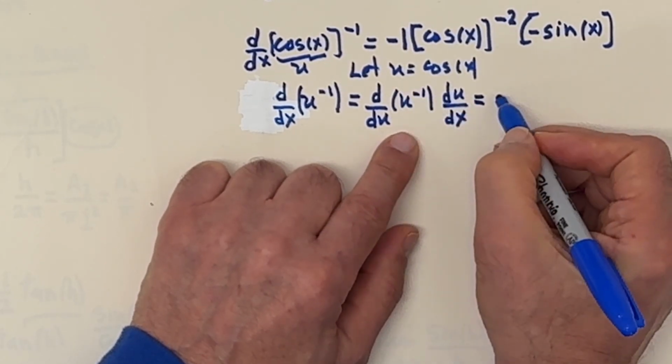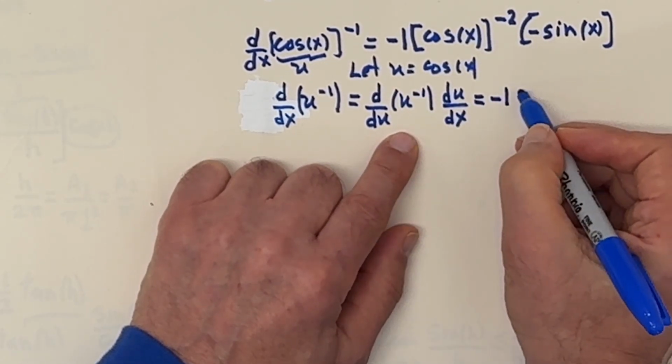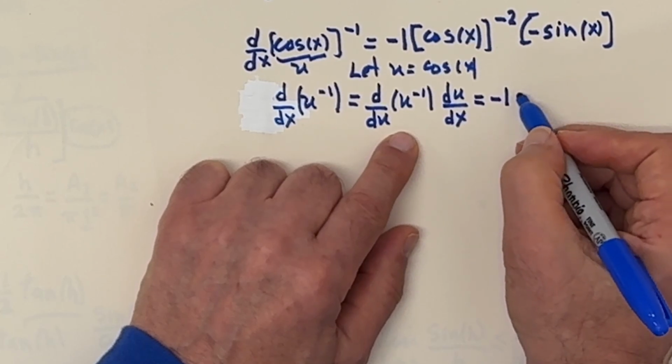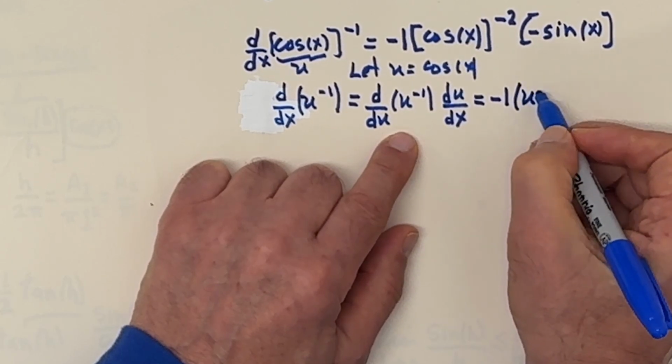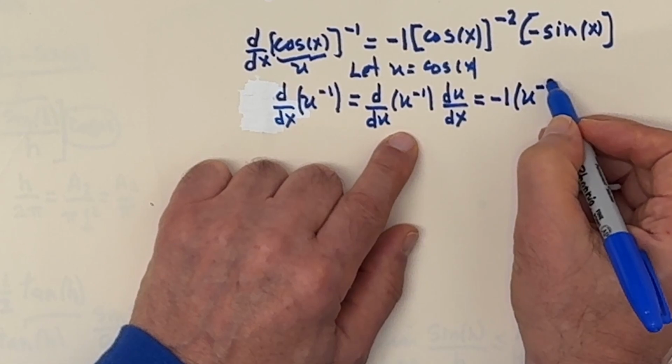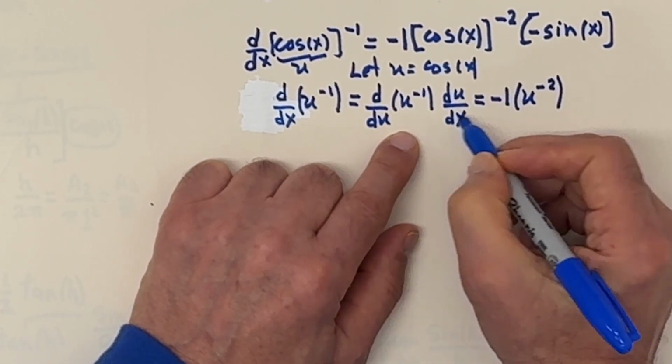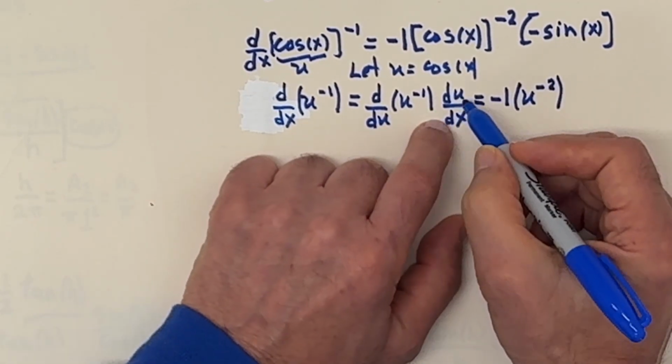Then you bring the minus 1 down. I'll put the minus 1 there to emphasize it. And then there's going to be u to the minus 2. Then you're finished that part. Then you just have to do the du dx.